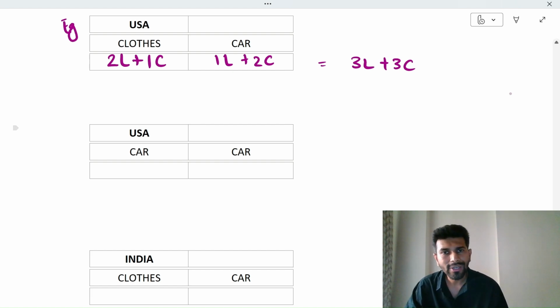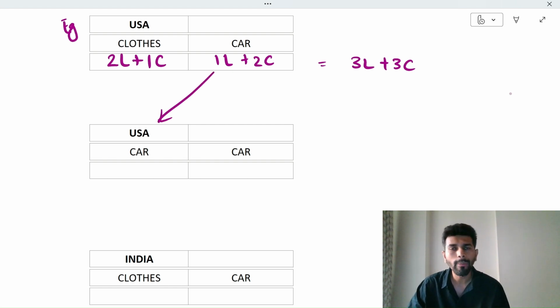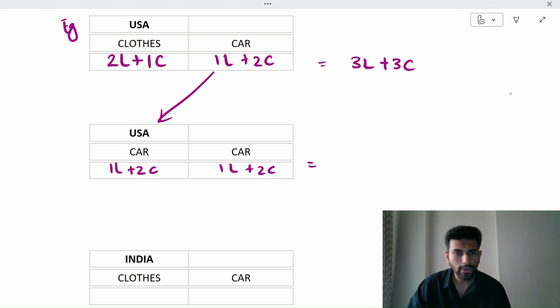But as we know USA is a capital abundant and labor scarce country, so rather than producing both cloth and car, USA will produce 2 cars. So it will require 1 labor plus 2 capital and 1 labor plus 2 capital. In total, 2 labor and 4 units of capital are required.